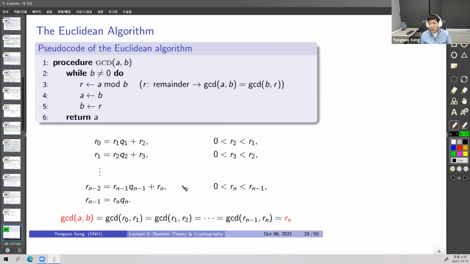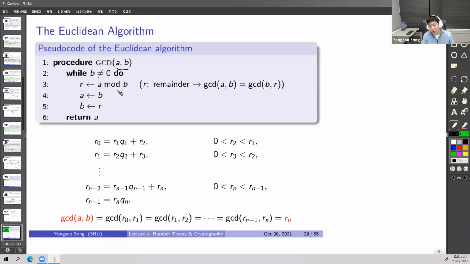So this is a formal description of the Euclidean algorithm. This is pseudocode. When computing the GCD of A and B, we first perform the Euclidean division.